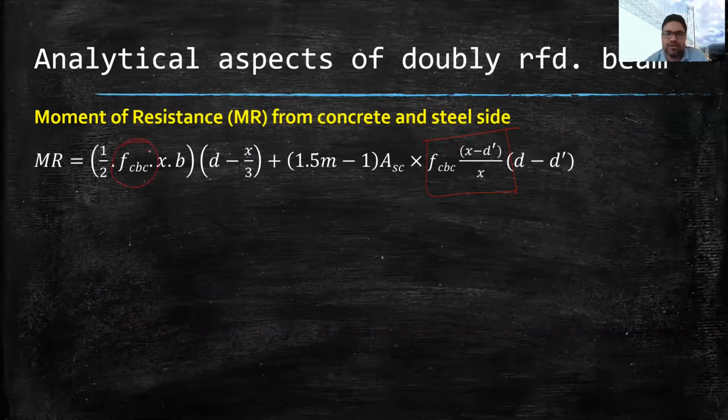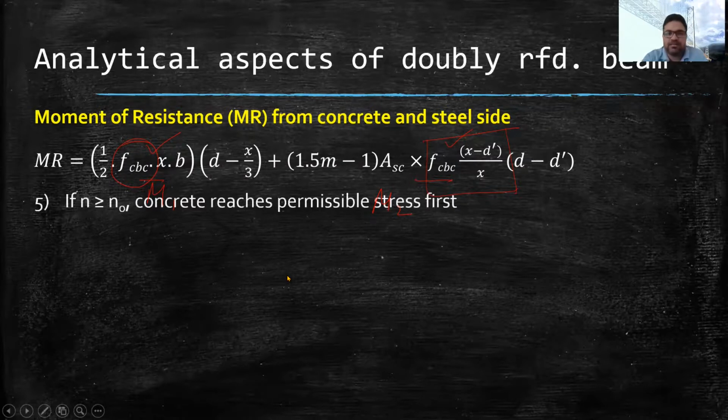This time we are going to find out the FCBC value. So we will first find out the actual flexural compressive stress, and then we will use the same stress to calculate the M2 value and M1 value. We will have a clearer idea about it when we solve a design problem about it.